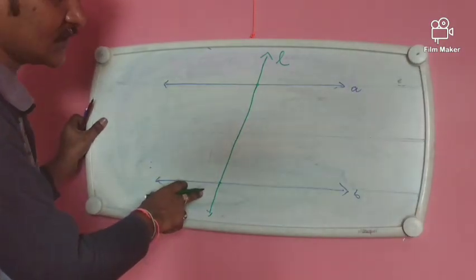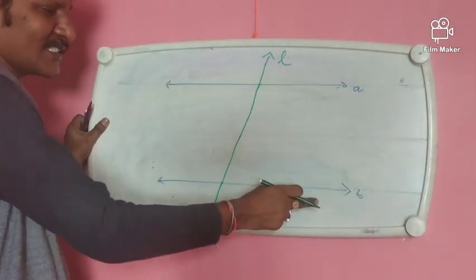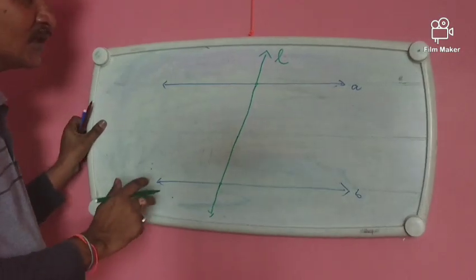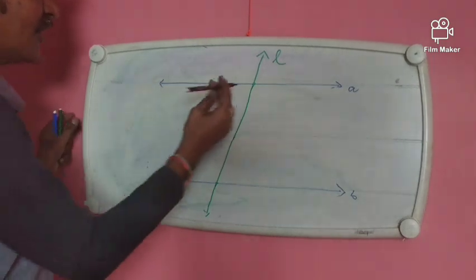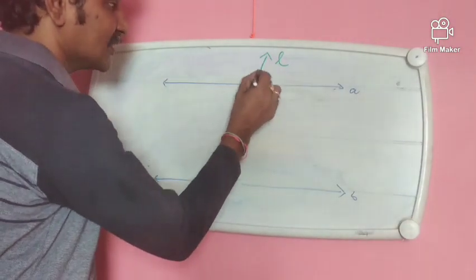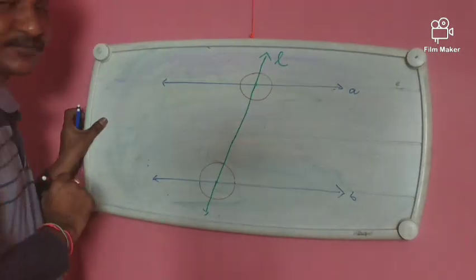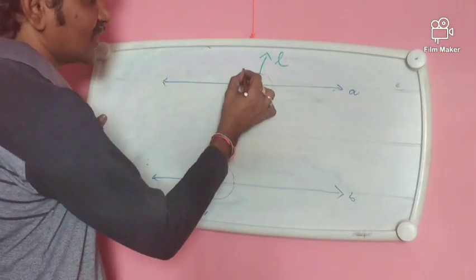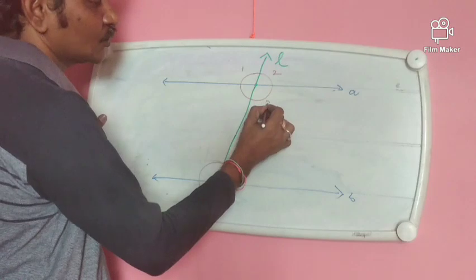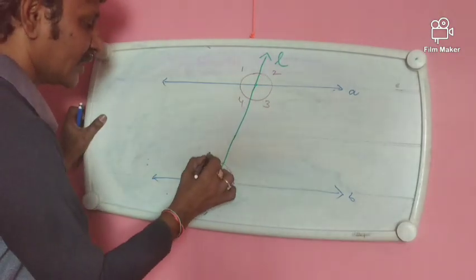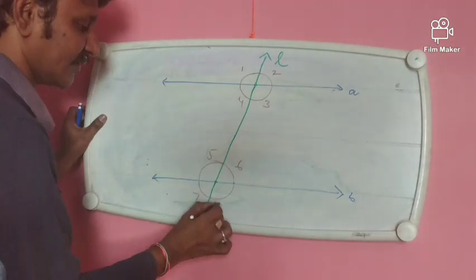When the transversal intersects the two lines, four angles are formed at one point and another four angles are formed at the other point. Here I am naming them angles 1, 2, 3, 4, and here angles 5, 6, 7, 8.